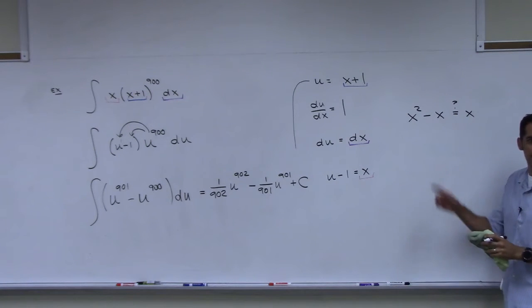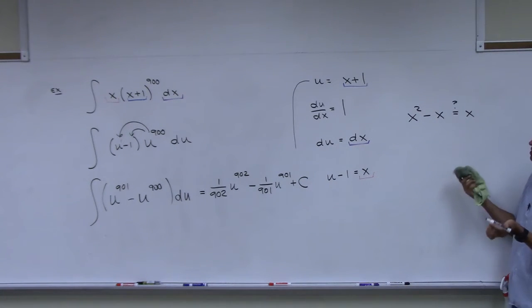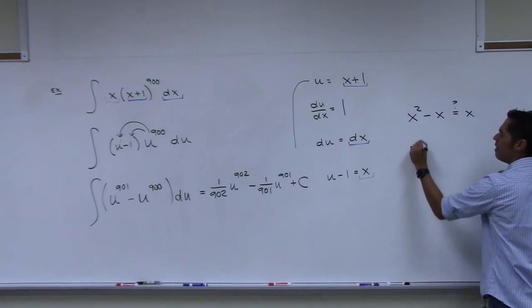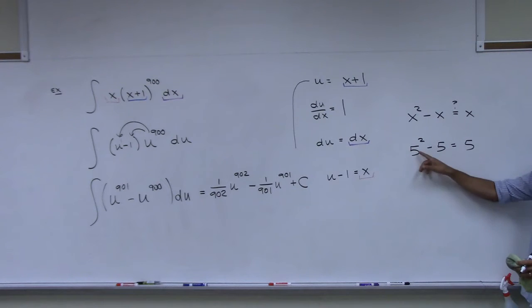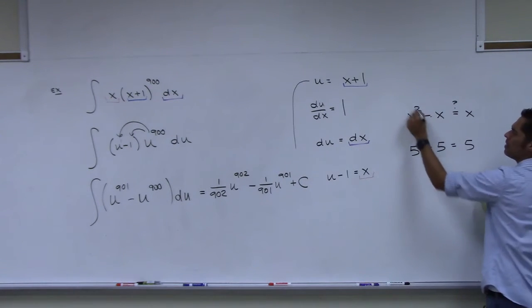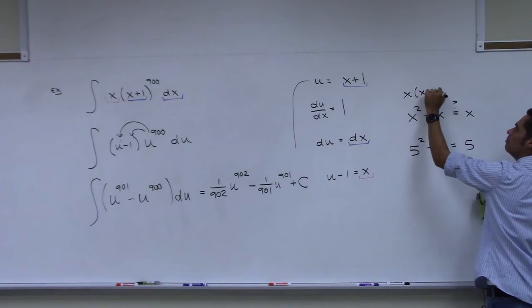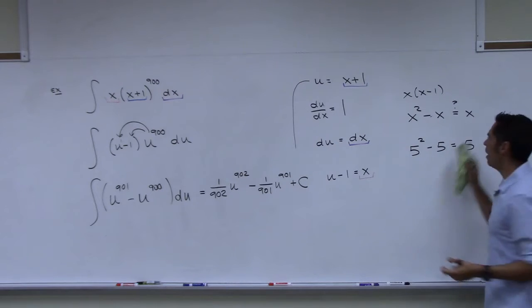To convince you that that wouldn't be true, just try a number. Try 5 squared minus 5. Is that equal to 5? That's 25 minus 5. That's 20. So this doesn't work. The most you could ever do with something like this is factor an x out. But you can't subtract. They're not like terms.